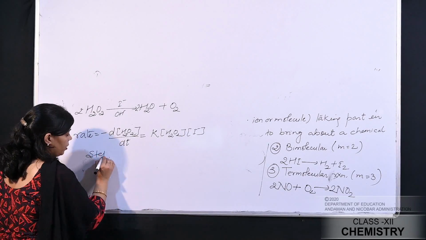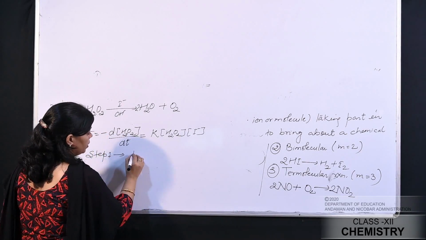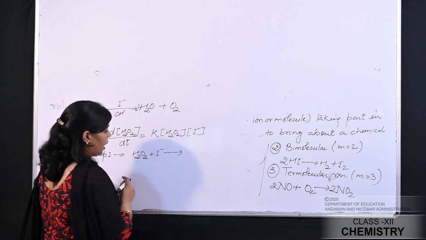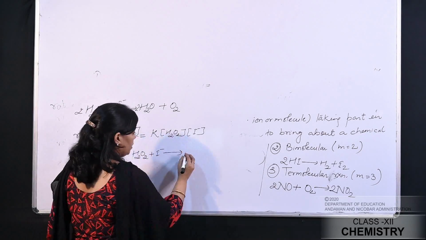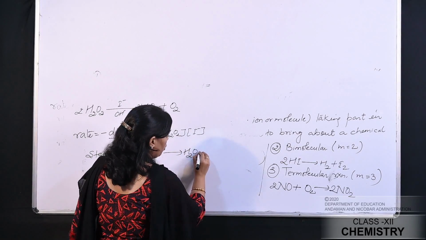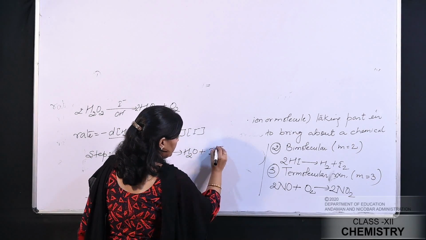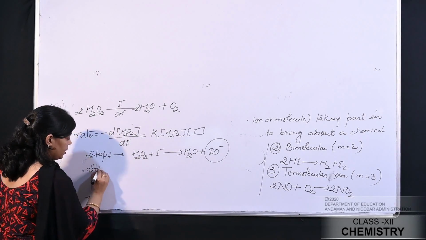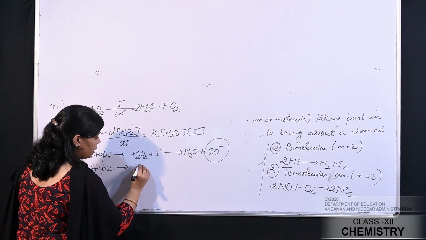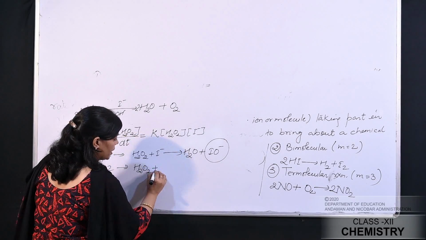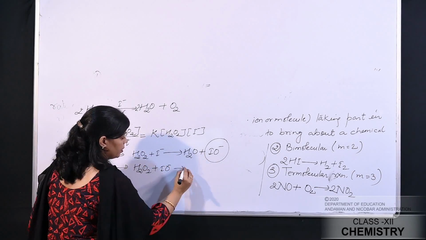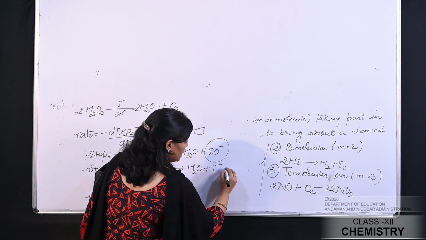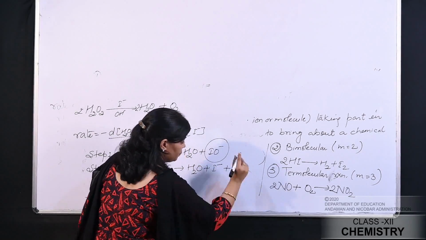The first is step 1. Step 1 involves the reaction of hydrogen peroxide with the iodide anion, the catalyst, to give H2O plus IO negative. This IO negative is an intermediate, and it reacts in step 2 with another mole of hydrogen peroxide to give H2O plus iodide anion plus O2.